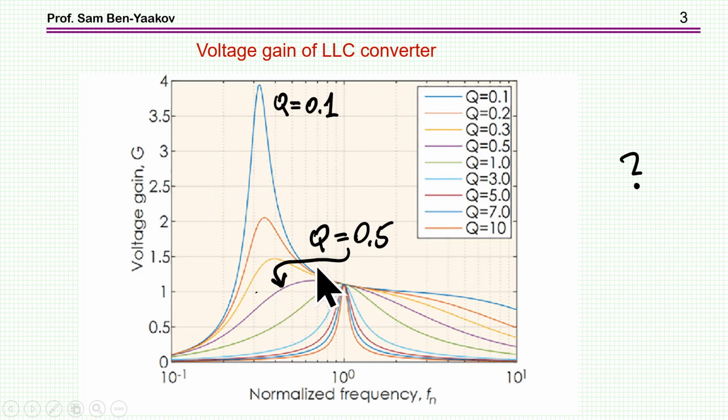Here we have quality factor, from 0.5 to 0.1. What I pointed out in the earlier video is that it is kind of strange, because we are used to having a high gain at a high Q, and here it goes all the way around.